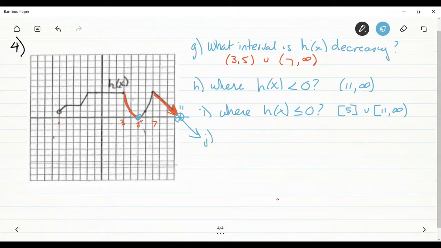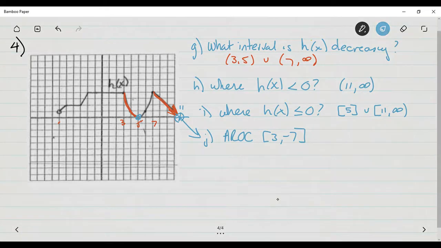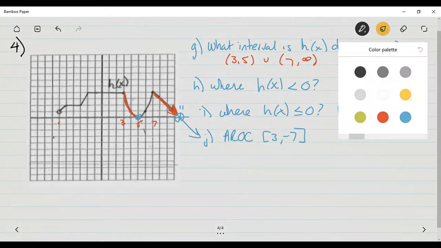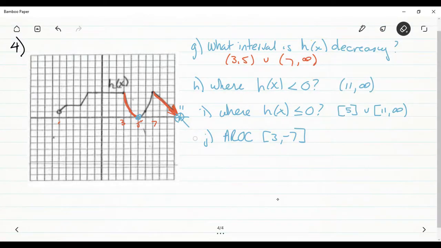All right, part J, average rate of change over the interval from 3 to 7. So we are looking for what values on our function are associated with 3 and 7. So 3 is here, 7 is here.